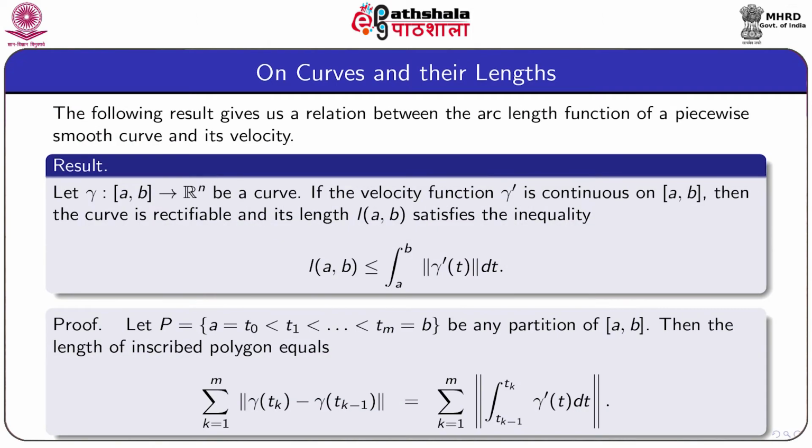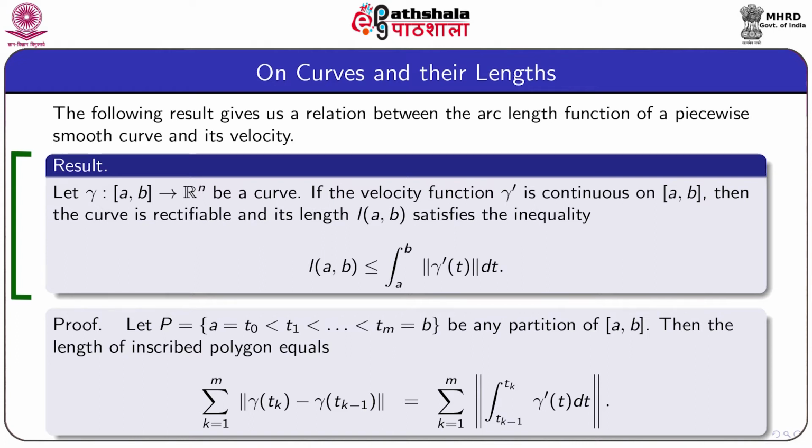Now a natural question is, if some curve is rectifiable, how to measure its arc length? We are trying to give an answer to this question. The following result gives us a relation between the arc length function of a piecewise smooth curve and its velocity. Result: let gamma from the bounded closed interval [a,b] to R^n be a curve.